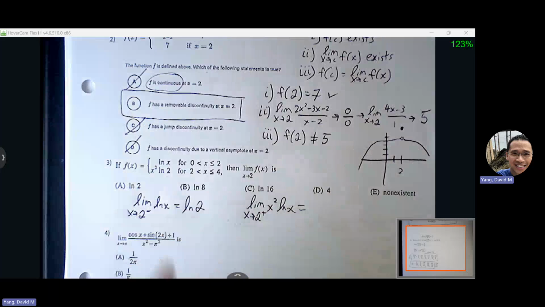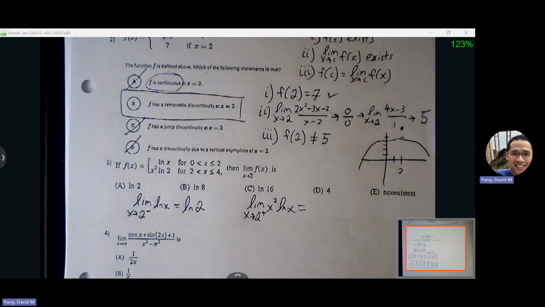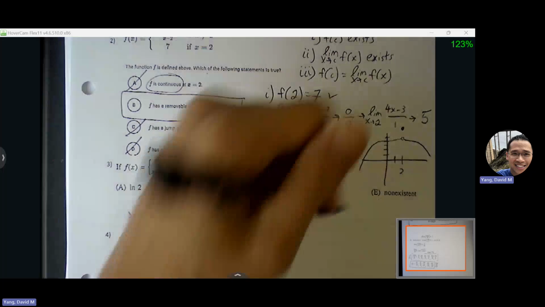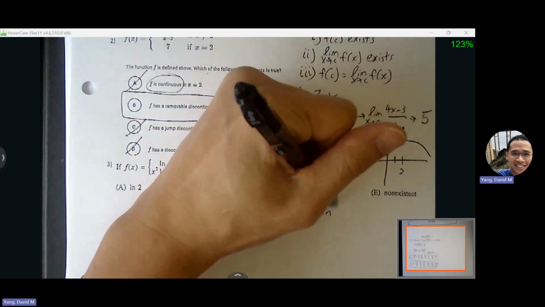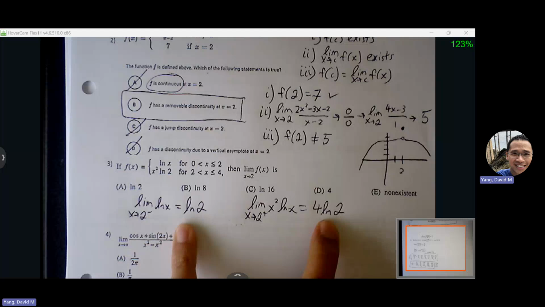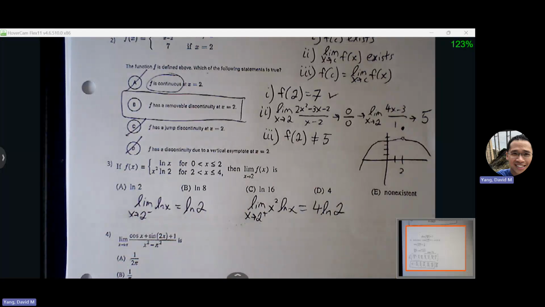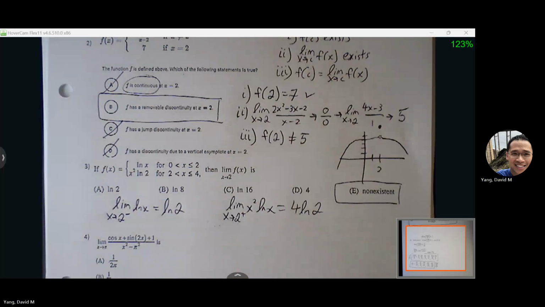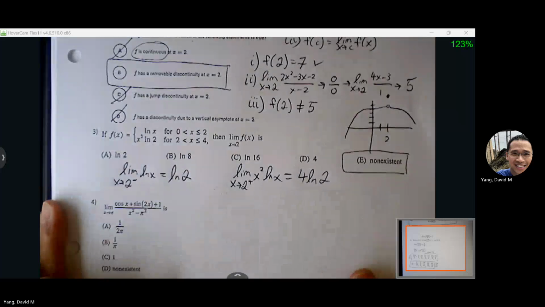So this is where the graph is headed from the left side of 2. From the right side of 2, if I plug 2 in for x, I get 4 natural log of 2. And natural log of 2 and 4 natural log of 2 are not equivalent. They're both headed towards different y values. This is a jump discontinuity, and so therefore the limit does not exist.